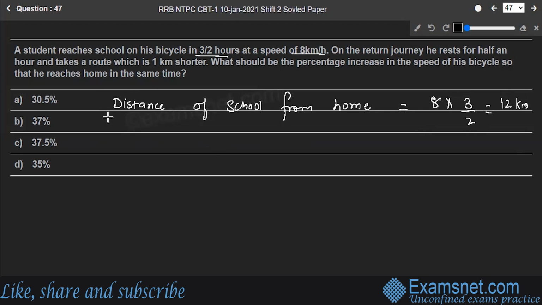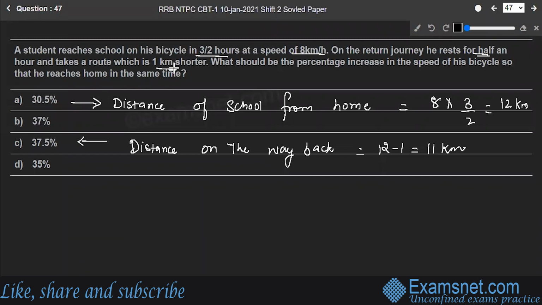Now, this is for when he's going to the school. When he's returning back from the school, at the time of the return, he will travel 1 kilometer shorter. So now distance on the way back is 11 kilometers. He says he rests for half an hour and takes the route, which makes it 1 kilometer shorter.